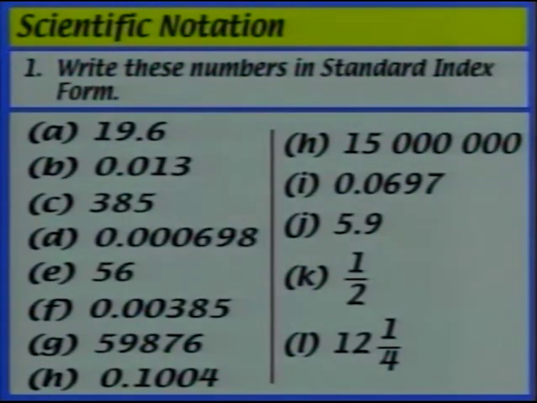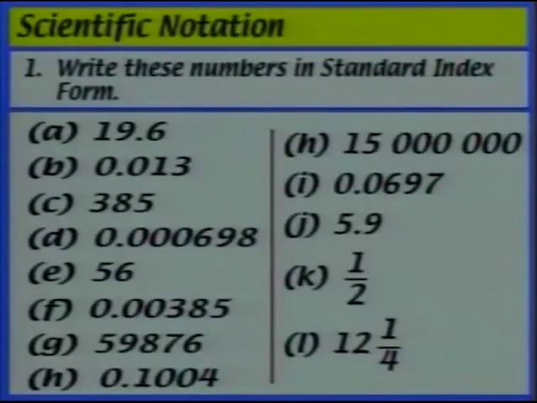All right, letter A. You should have 1.96 times 10 to the power of 1. C, 3.85 times 10 to the power of 2. Okay, letter E. Miriam, can you give us the answer? 5.6 times 10 to the power 1.